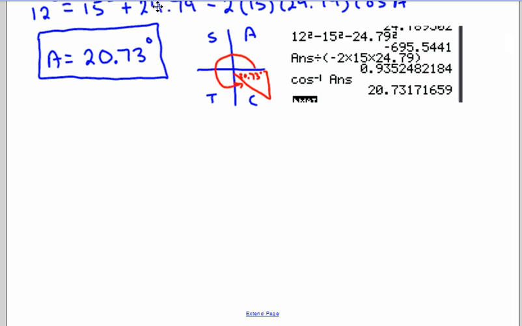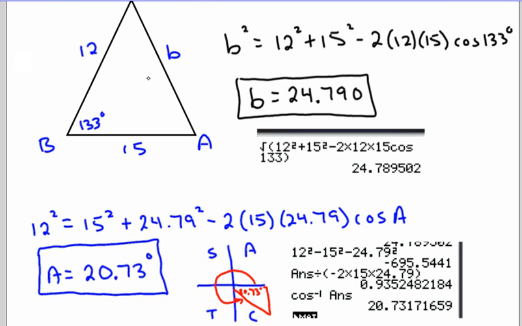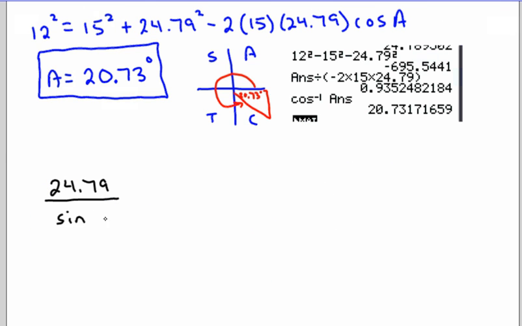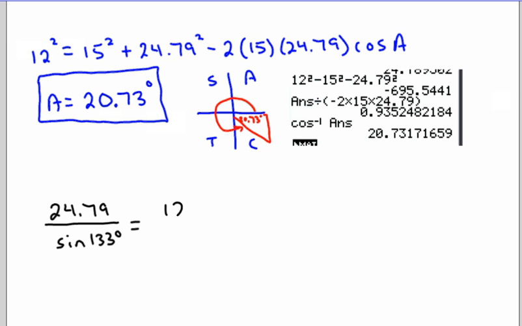So I'm going to put 24.79 over, that was B, so over the sine of 133. Then it's going to equal, if I want to find angle A, 12 over the sine of angle A. So to find angle A, I cross multiply and divide.